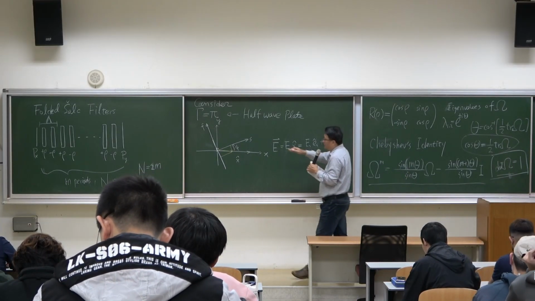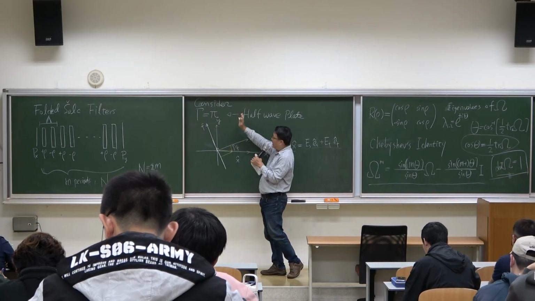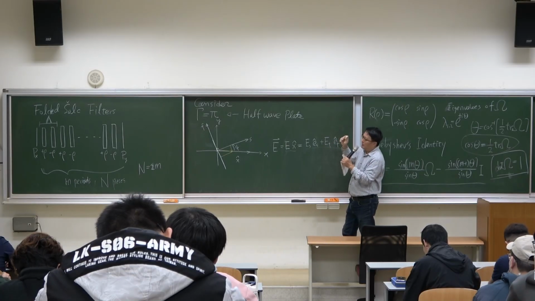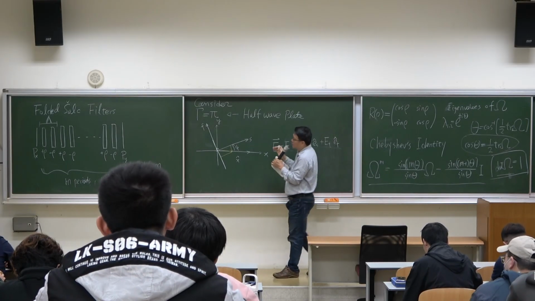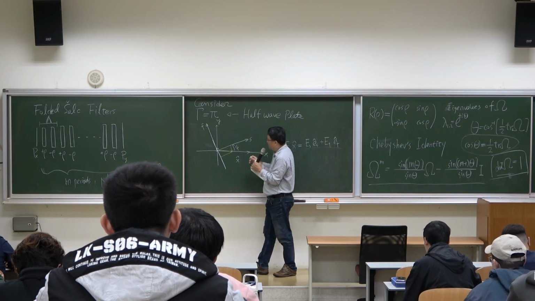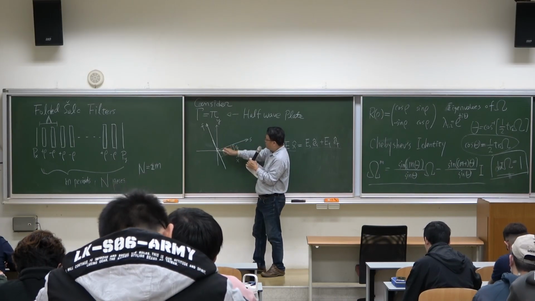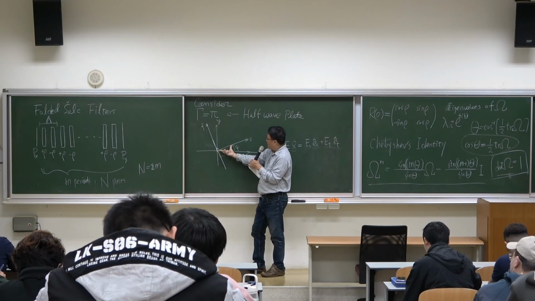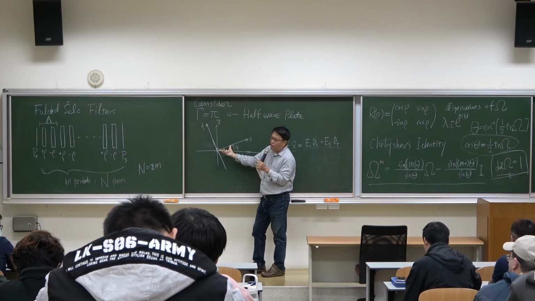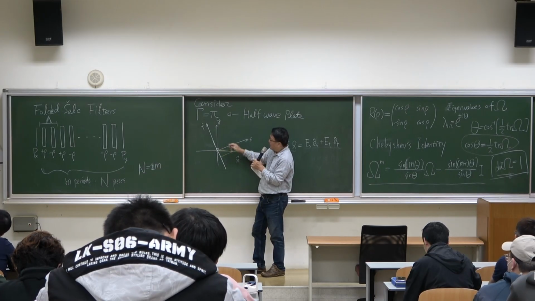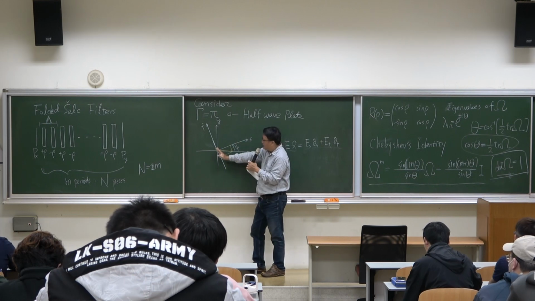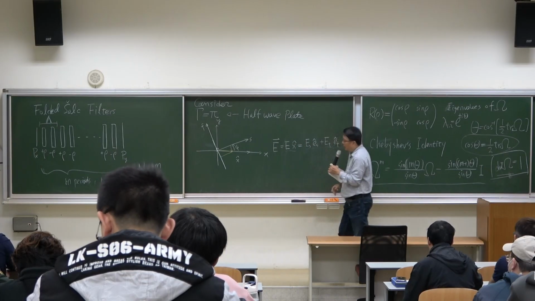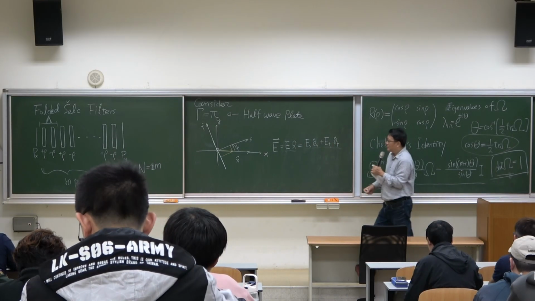Then after penetration through the half wave plate, we have a very simple way to analyze the result. The method is that we keep the component along the slow axis unchanged, then give a minus sign to the other component along the fast axis.